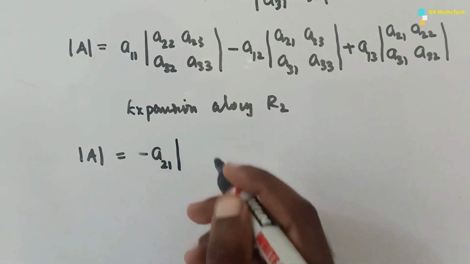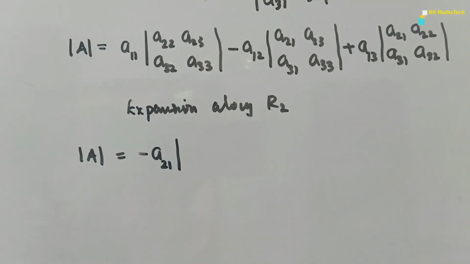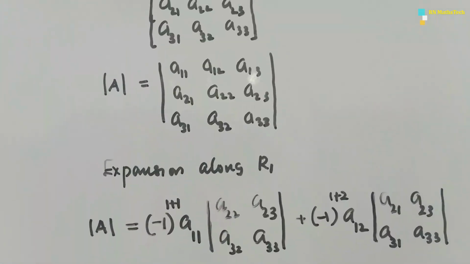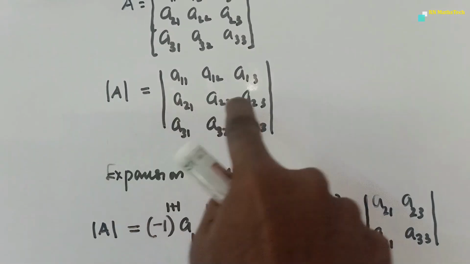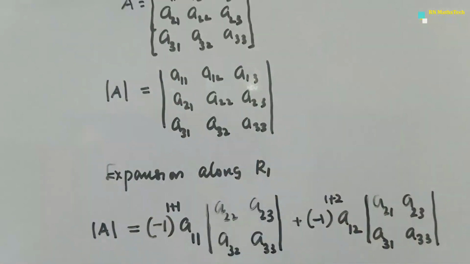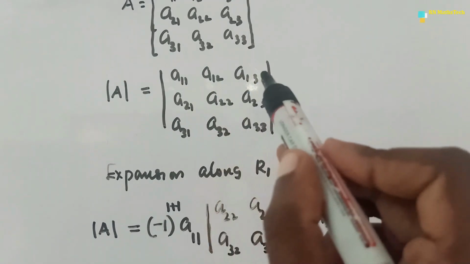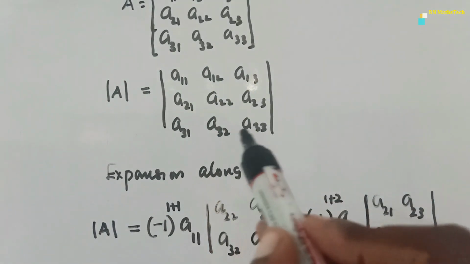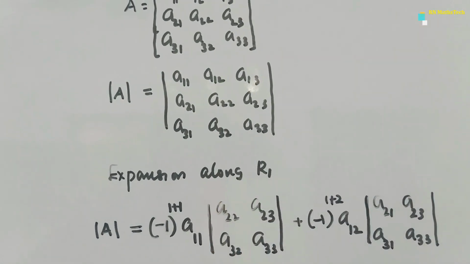into the value of the determinant deleting the second row, the row containing A21, and the first column, the column containing A21. So we have the elements A12, A13, A32, A33.